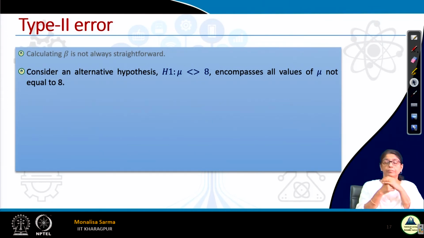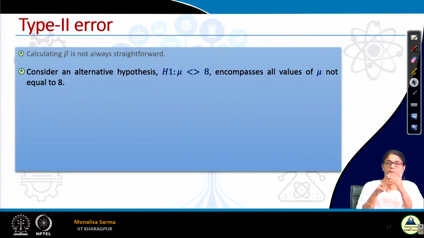If I write mu not equal to 8, in that medicine example, I'll have to have a distribution for all possible values other than 8.